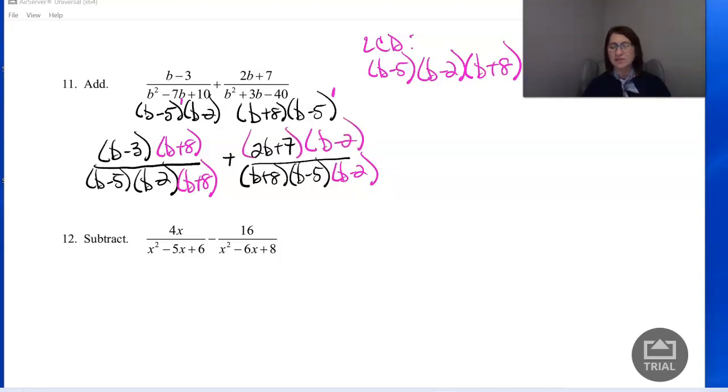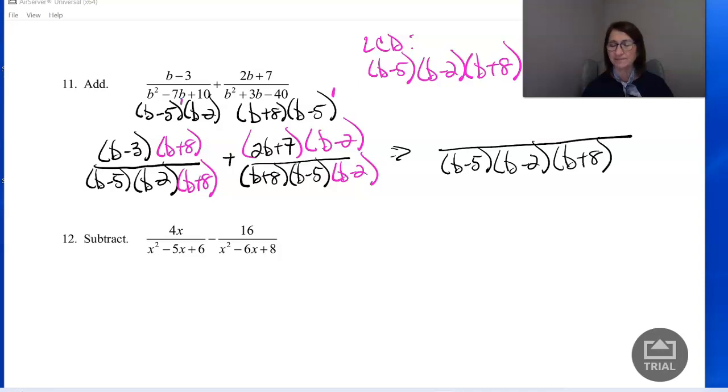Okay, so now I can put everything under the same rational expression because now I have common denominators. My common denominator matches my LCD: b minus 5, b minus 2, and b plus 8.